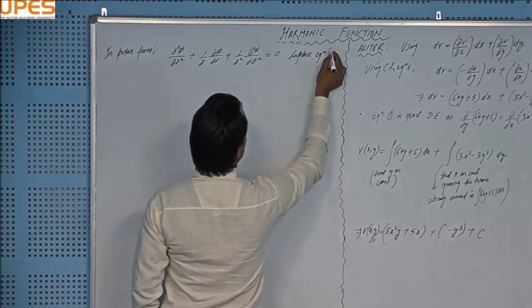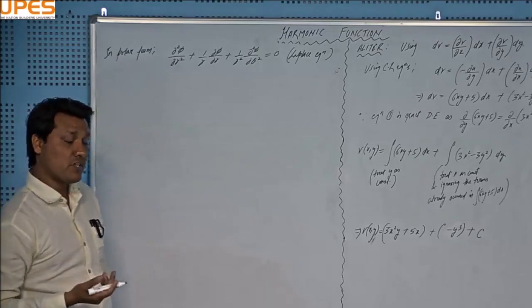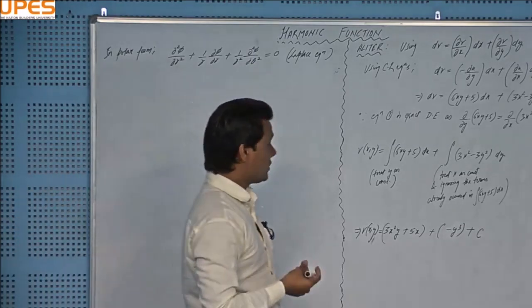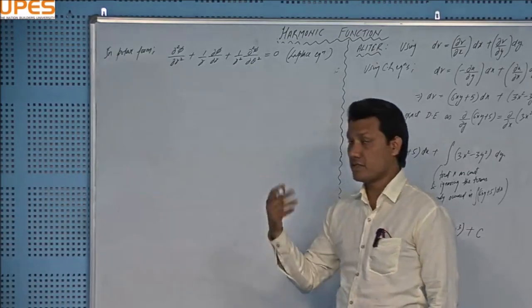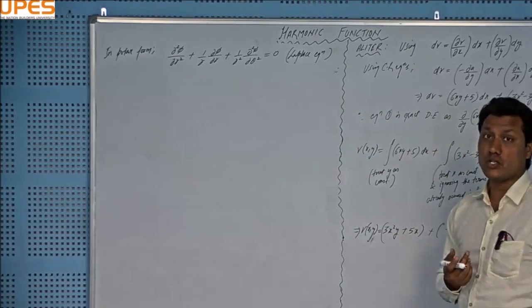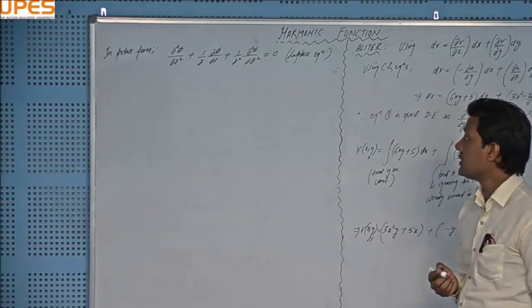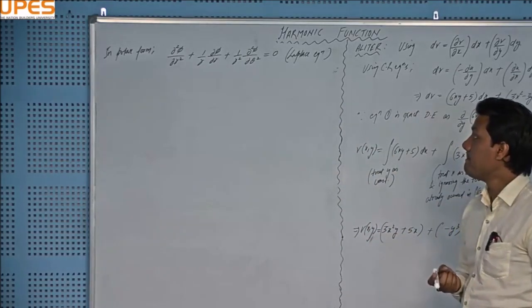And obviously, if a function is given in terms of polar coordinates, as we did in our last video, then you will check the condition of a harmonic function by this equation.